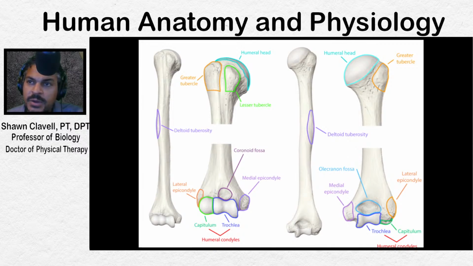So identifying all the different parts of each of these bones is going to be the important aspect of it. So I encourage you to practice, go over those study guides that I gave you as homework, because these are the pictures that you'll be seeing in the practical, identifying the different parts of the bone.